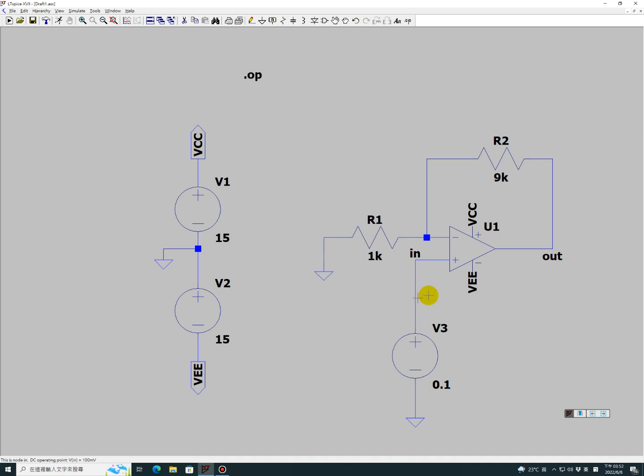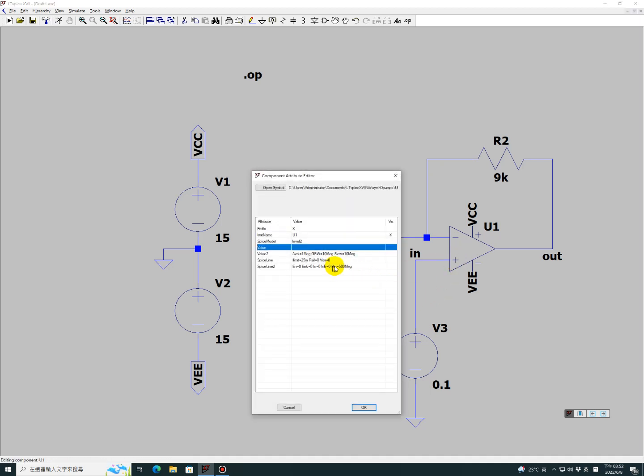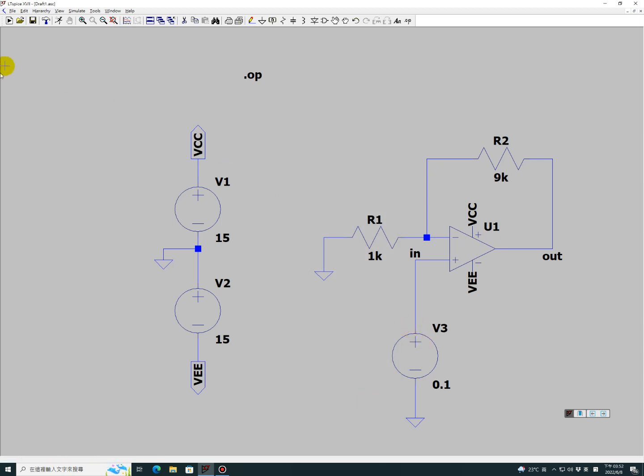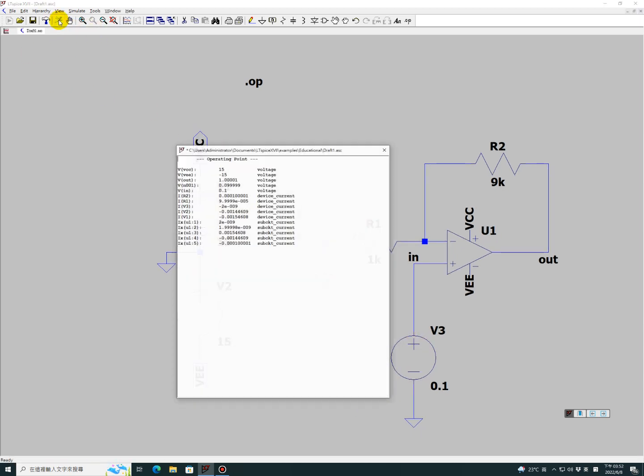Now if I change this input impedance to 50 meg, of course the current will be larger. Now you see the input current Ix becomes larger here.